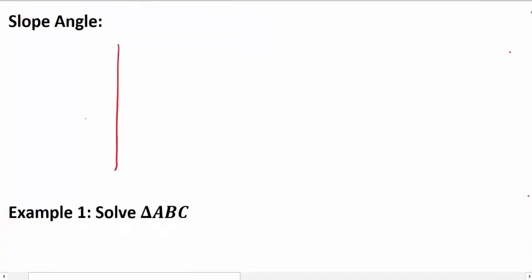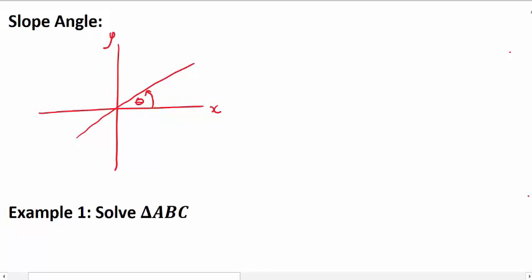Now, if you have the Cartesian plane and you have your x and y axis, if you have a line, that line has a slope. And so at what angle is that line sloped at? That's what the slope angle is. So this is theta, the angle the x-axis and the line make.